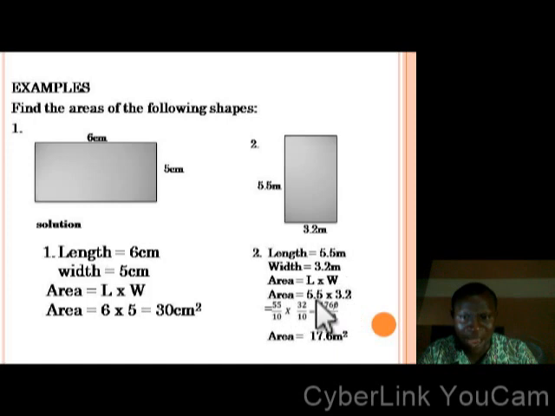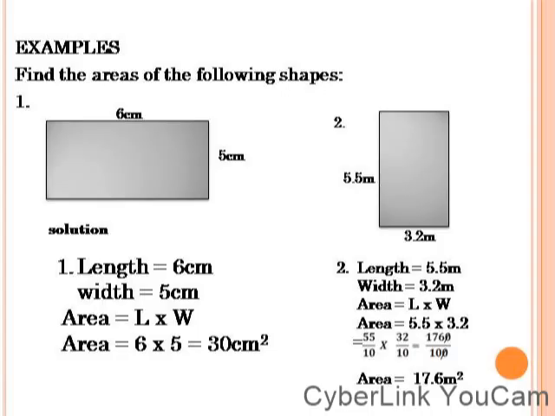We can solve this by converting 5.5 to a fraction. You know how we do that. The point represents 1, then the other number following is 0. That gives us 55 over 10. Let me make it bigger so that you can see it clearly. So that is 55 over 10 times, and in the case of 3.2, converting it to a fraction, we have 32 over 10. How do we solve this?